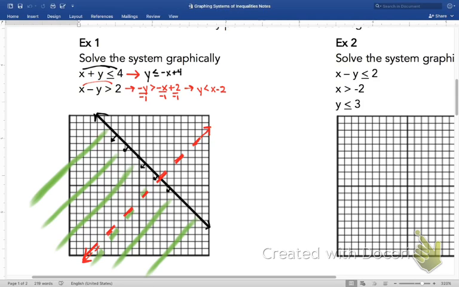Now, am I going to shade above or below that line? Below. So if I shade below, that means it's down here. So where my overlap is going to be is all of this area. Okay, if I just run it in red, is where everything kind of fits in here.